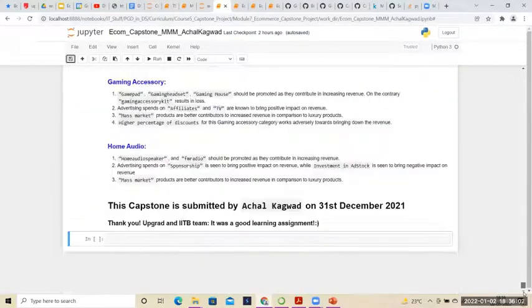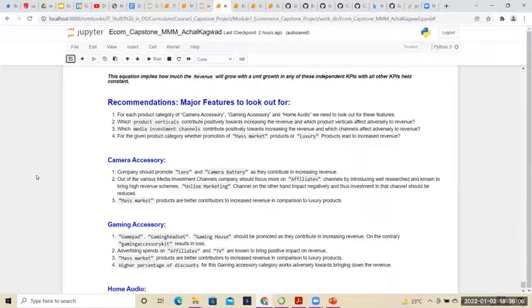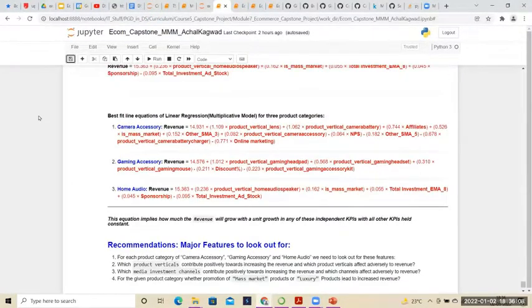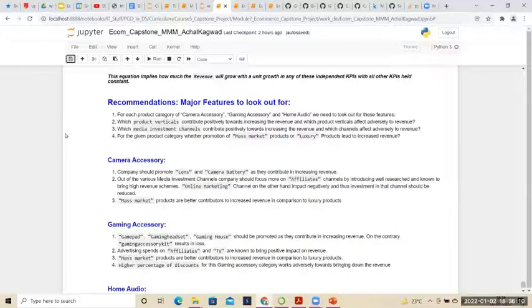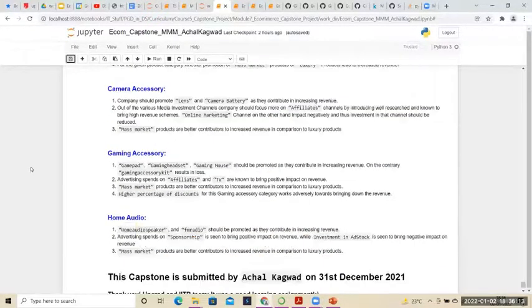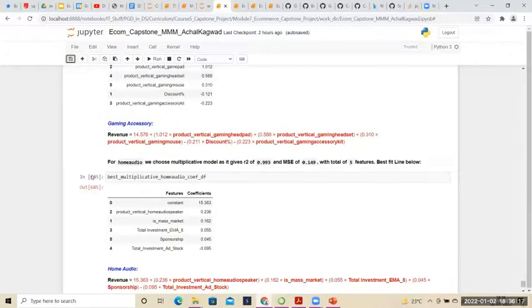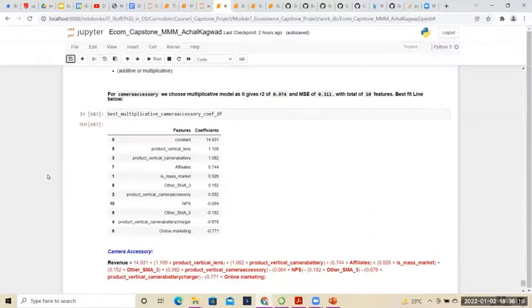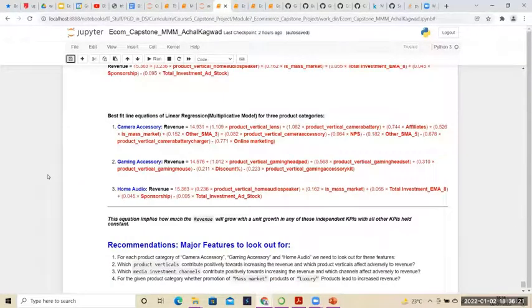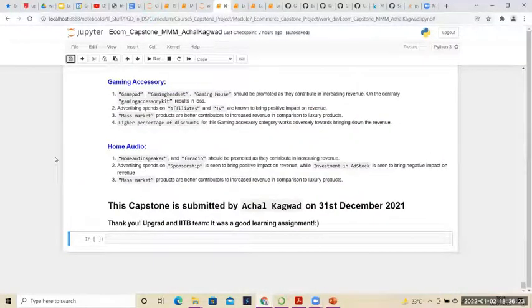At the end of your Jupyter notebook, we have the best fit lines. We'll come to this. All of this is put in the PPT and we will go through it step by step. Let's see how many lines. Yeah, 635 lines of code. Good learning experience. Cool.